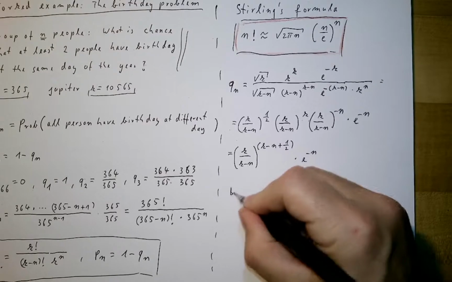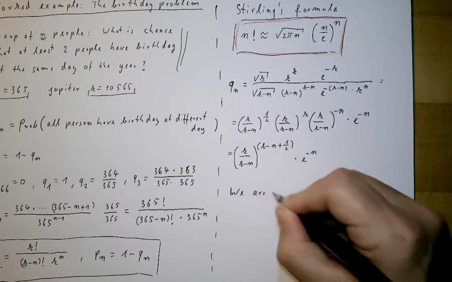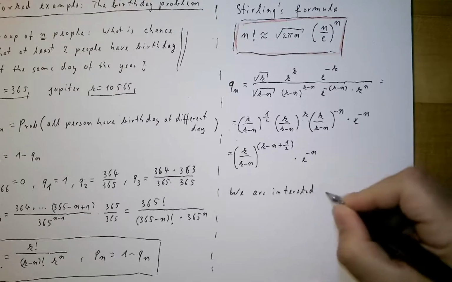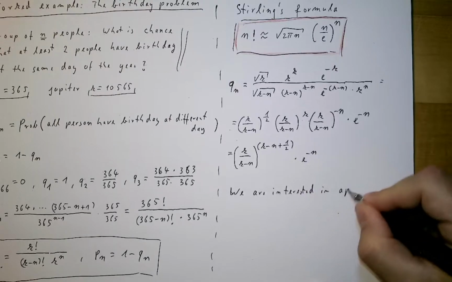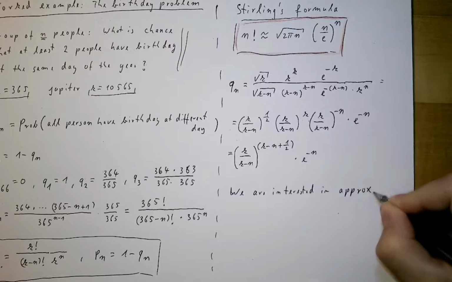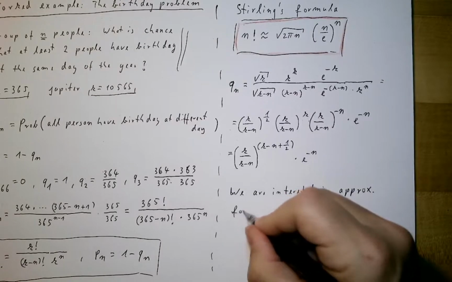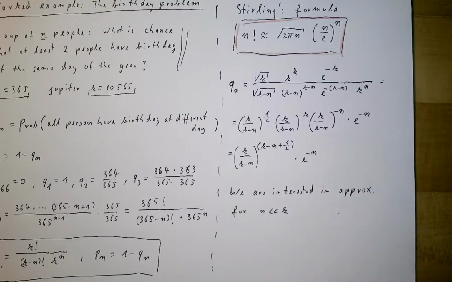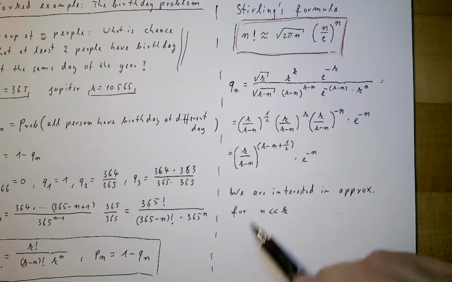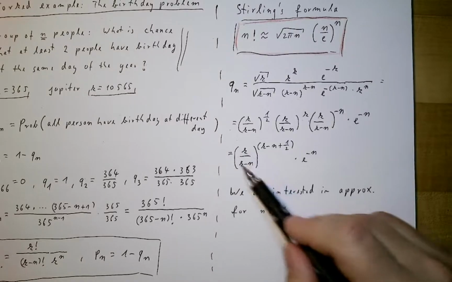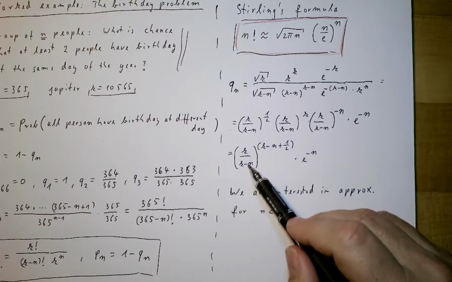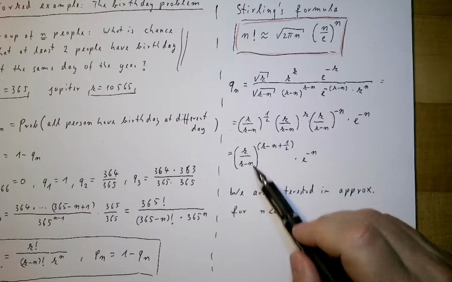So let's write this down. We are interested in an approximation for n smaller than k. When we want to do this, it makes sense to rewrite this fraction in a form where something is small.